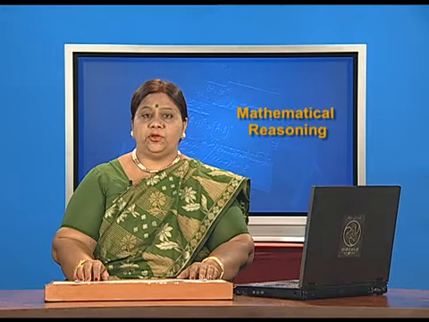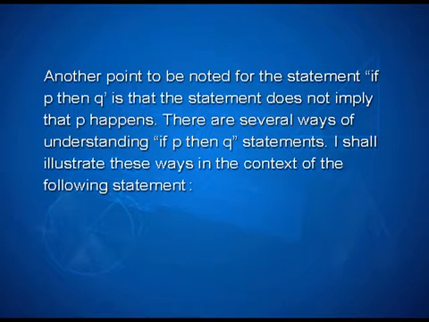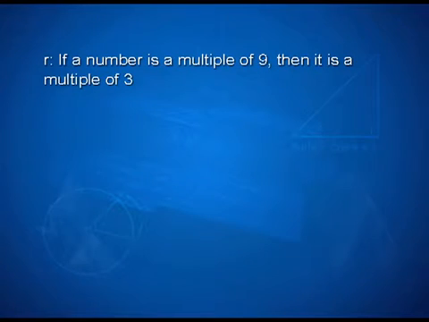Another point to be noted for the statement if P then Q is that the statement does not imply that P happens. There are several ways of understanding if P then Q statements. I shall illustrate these ways in the context of the following statement: If a number is a multiple of 9, then it is a multiple of 3.